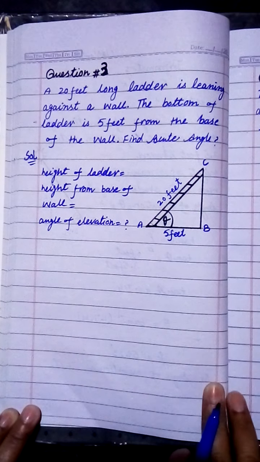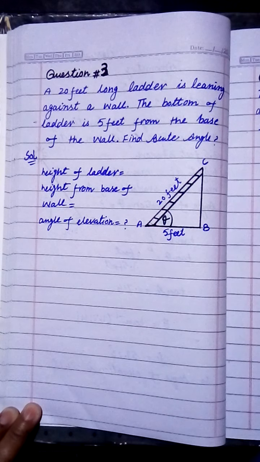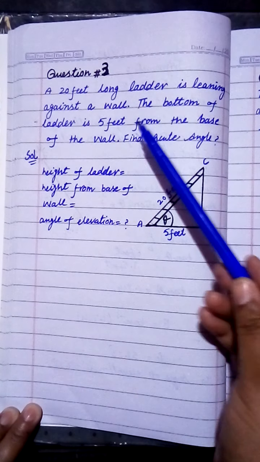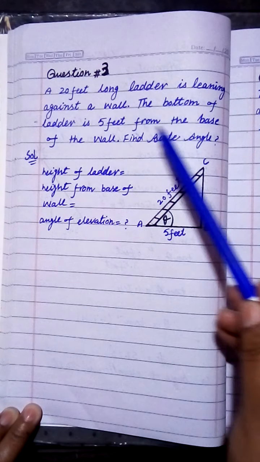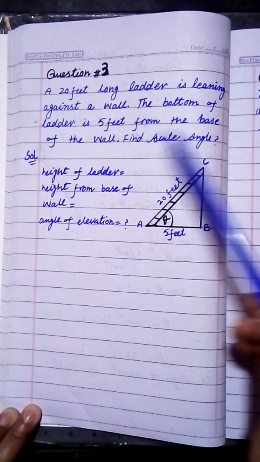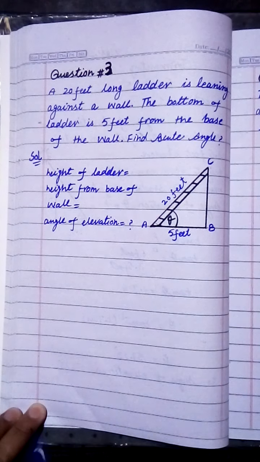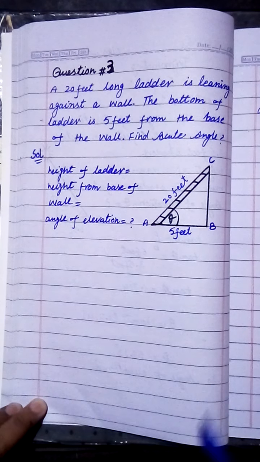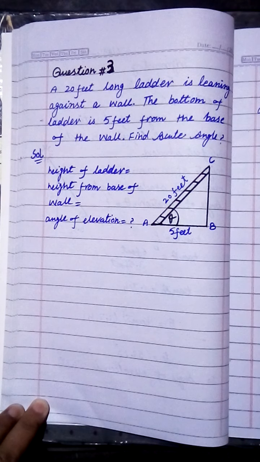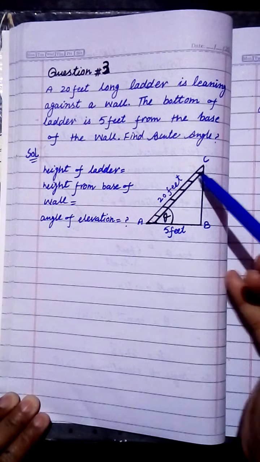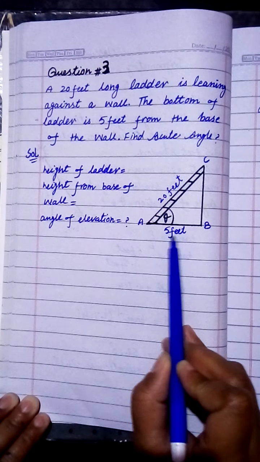Let's start question number 3. A 20 feet long ladder is leaning against a wall. The bottom of the ladder is 5 feet from the base of the wall. Find the acute angle of elevation. Now first of all, that is the ladder and that is the base, equal to 5 feet.